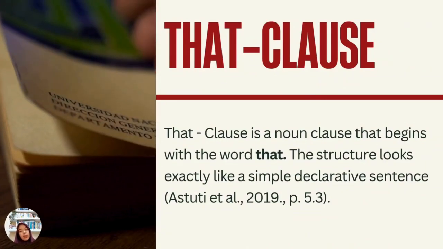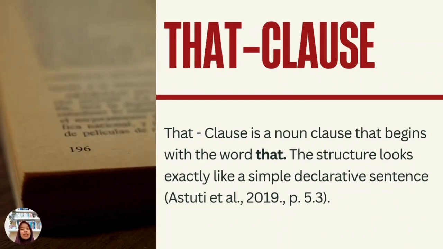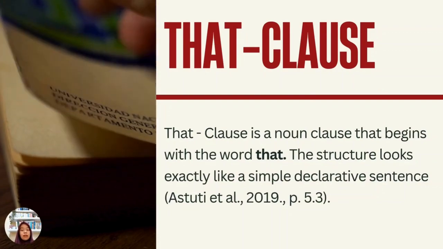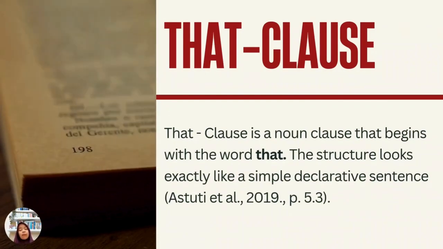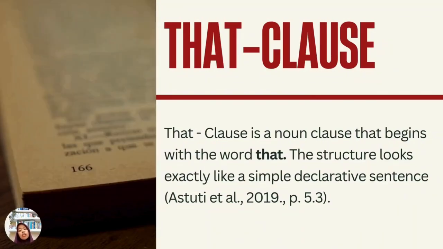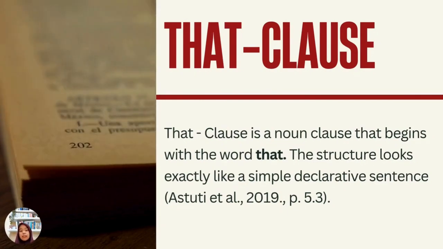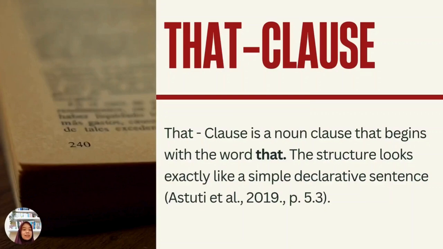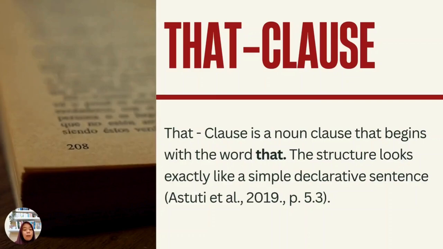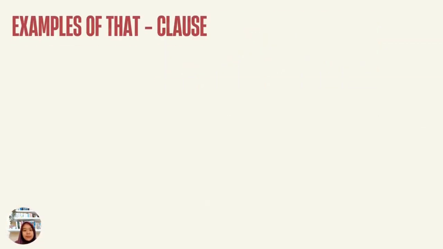As Astuti explained, its structure looks exactly like a normal simple sentence you make to state a fact. The only difference is that we put the word that in front of it to connect it to the main part of the sentence. So that's about the that clause. Let's take a look at examples of that clause.